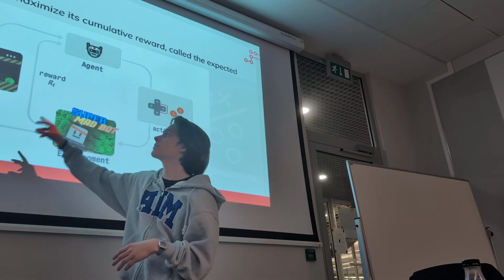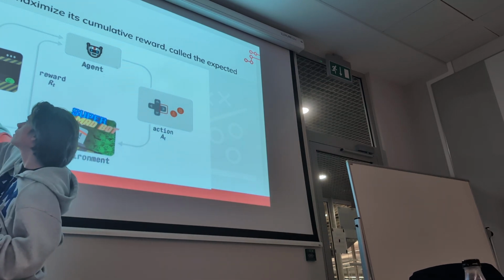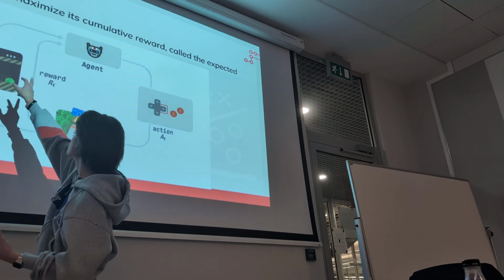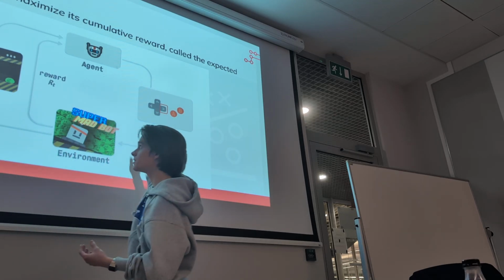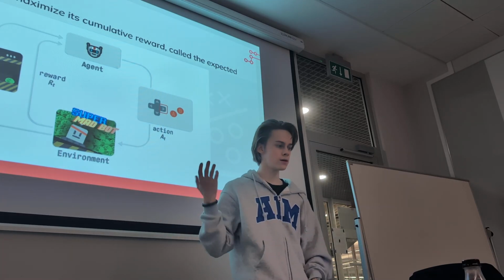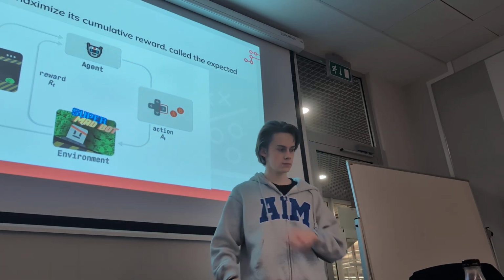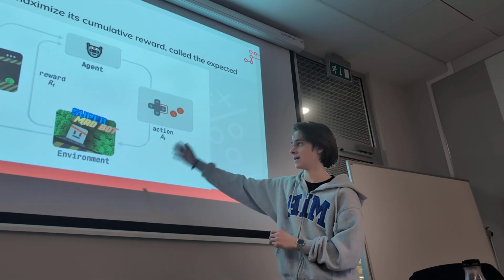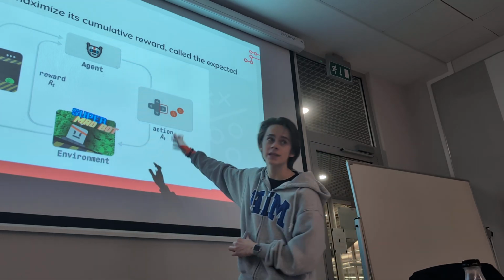For example, if it were here, it would probably try to jump or do something else. So there would be a different policy. I'm going to speak about policy in a minute. And there is some reward that the environment gives us after we take some actions.